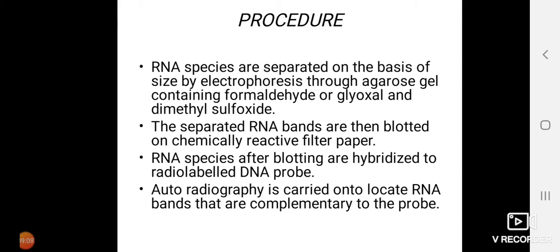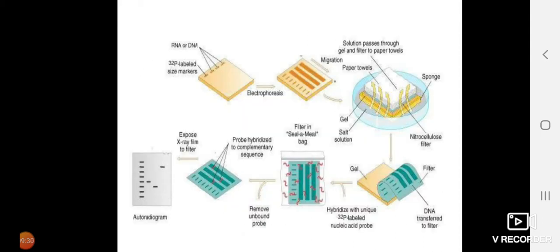It will be transferred onto the nitrocellulose membrane. Then they are going to use probes, that is DNA probes or complementary RNA probes, and then that hybridized position is going to be identified by autoradiography.